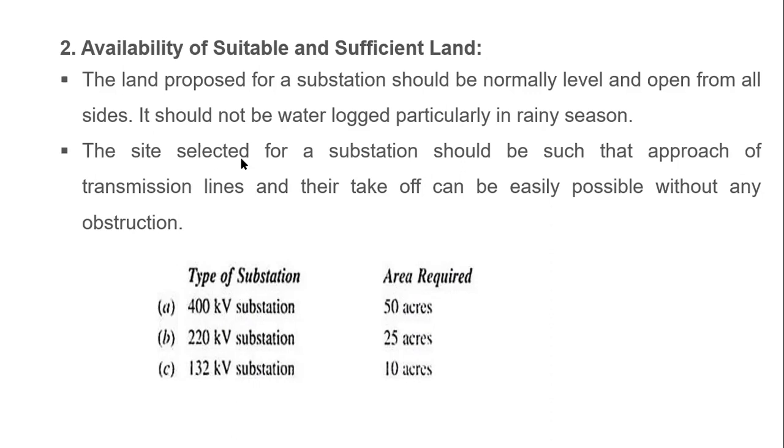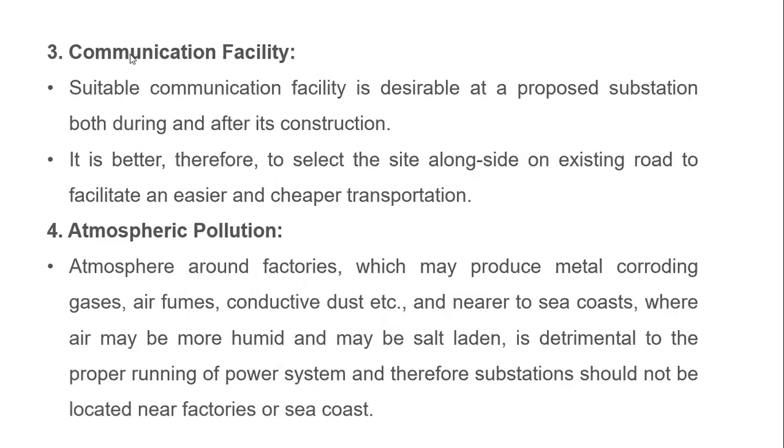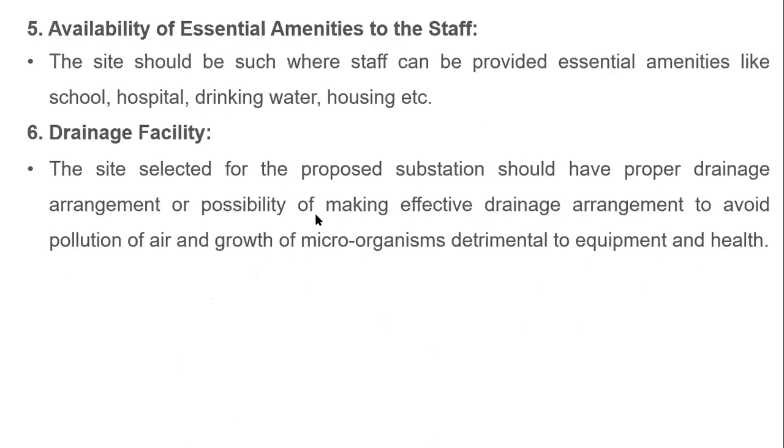Next, coming to the communication facilities and atmospheric pollution, and also the availability of essentials like drinking water, housing, hospitals and schools for the staff and workers in the substations. All that will be observed while selecting the land for the substations.